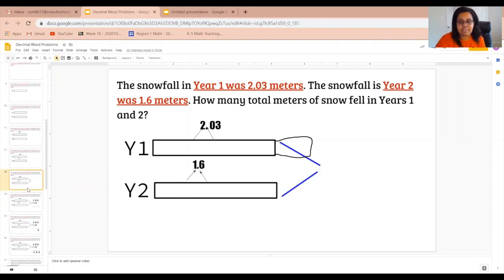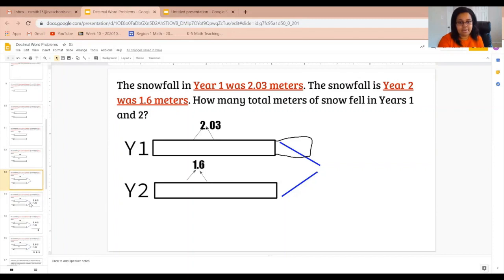Now we want to figure out how much snow fell in both years 1 and year 2. What operation do you think we're going to use to solve this word problem? Did you say addition? If you did, you're absolutely correct. We're going to have to add 2 3/100 and 1 6/10 together.